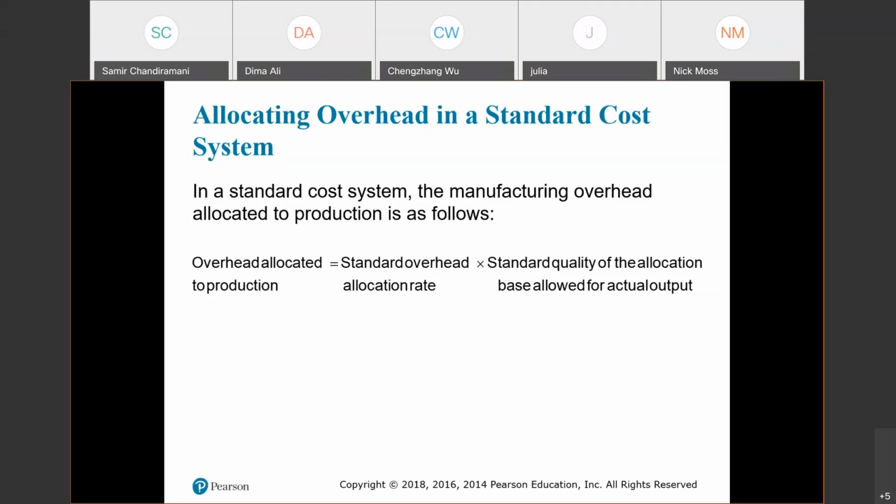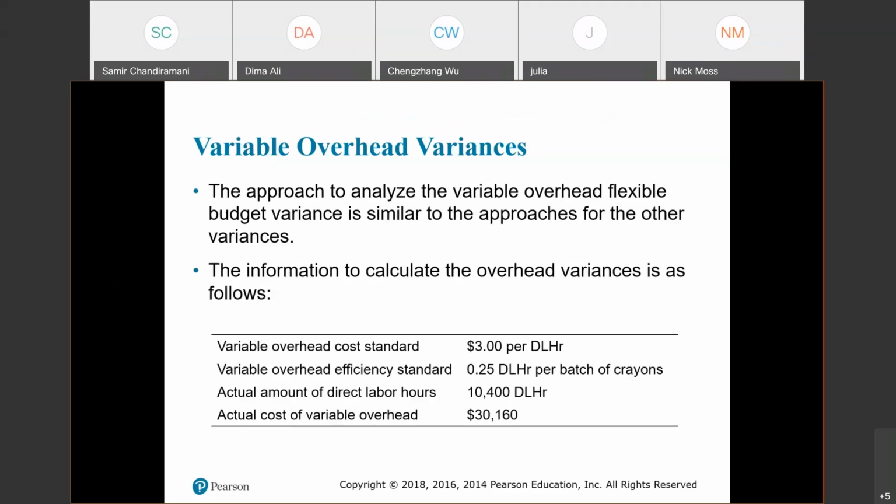So let's begin with computing the fictitious company's standard variable and fixed overhead allocation rates. Cheerful Colors allocates overhead based on direct labor hours.